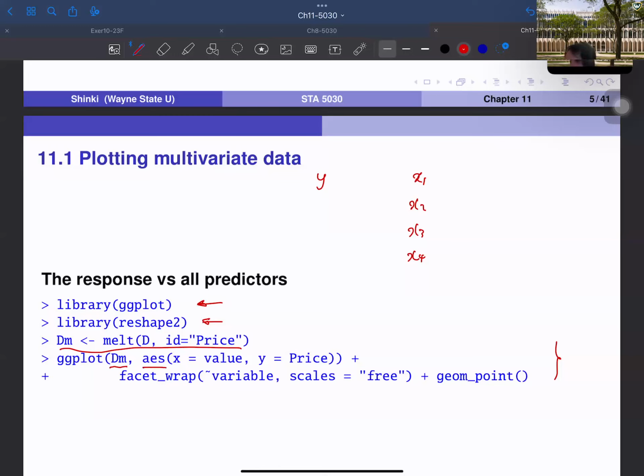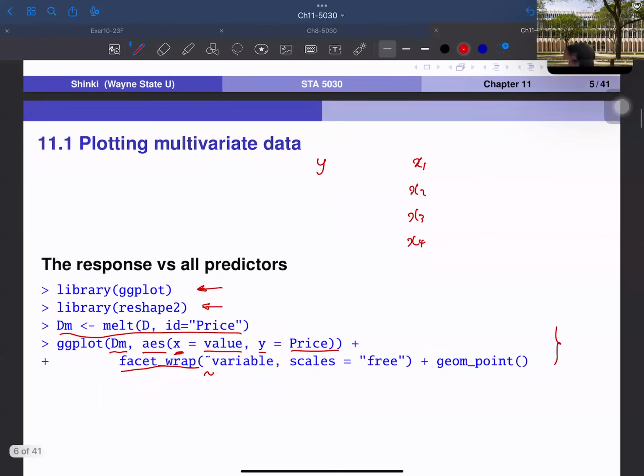And then the aesthetic option, where we have to specify the features of the graph. In this case, X is the value of the predictors and Y is price. And then we use the facet_wrap function, with a tilde and the variable, and scales equal to free. So this is just one set of code.